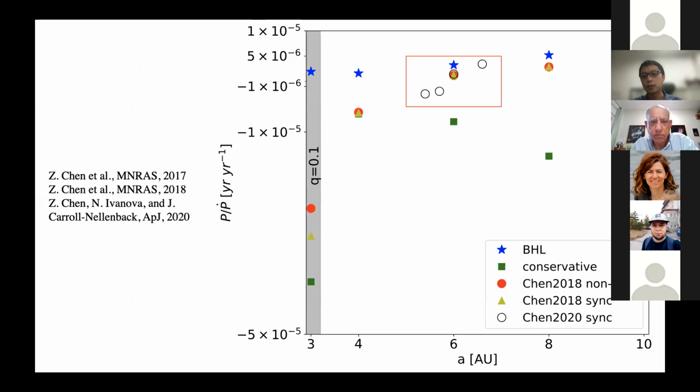To understand this picture, the blue stars are the period change rate for Bondi-Hoyle accretion, and the green squares are the rate if they have conservative mass transfer. But in our calculation, we find that the large separations follow Bondi-Hoyle, while the close binaries are more like conservative mass transfer evolution.